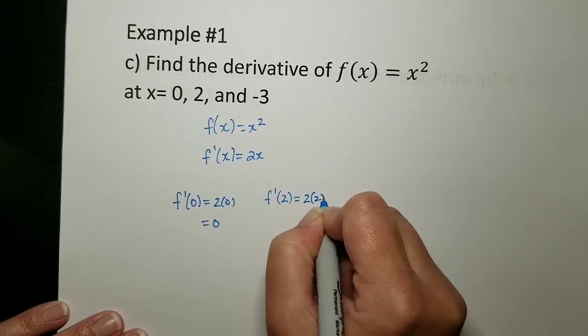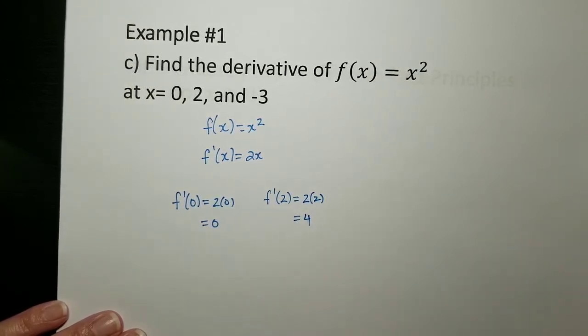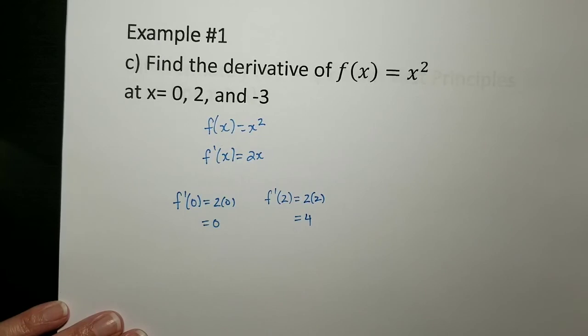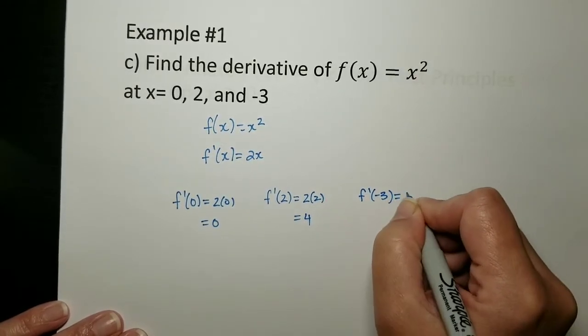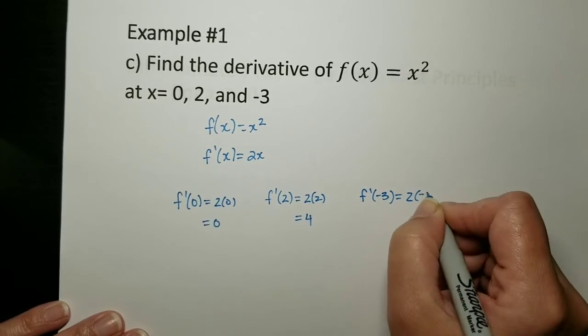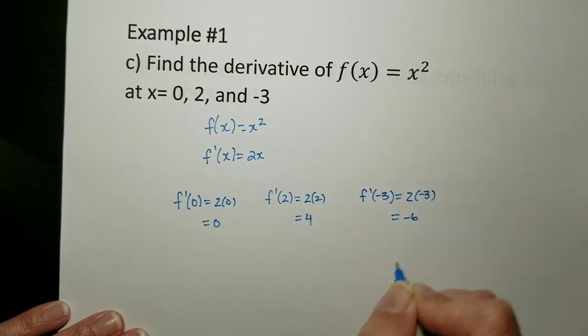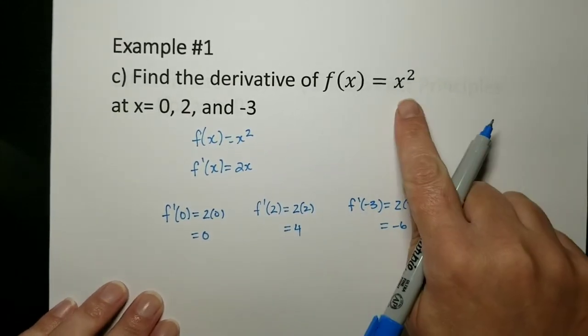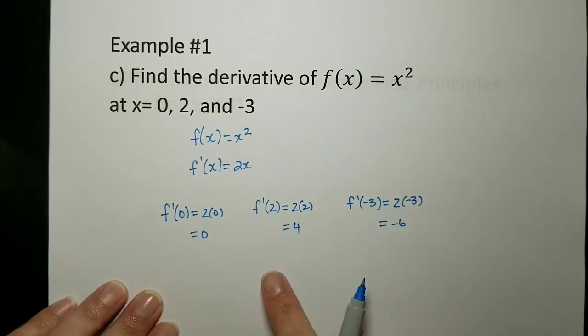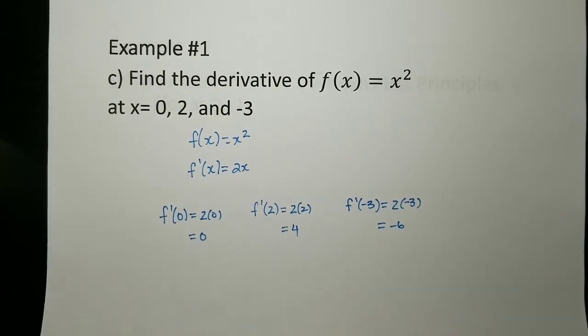So it would be 2 times 2, which is 4, which is what we got. F prime at -3, we just take the 2, multiply it by the -3, and that would have a slope of -6. Okay, again, you can sketch out the graph of the parabola and see, do these slopes make sense? We're going to talk a lot more about that later in the unit.